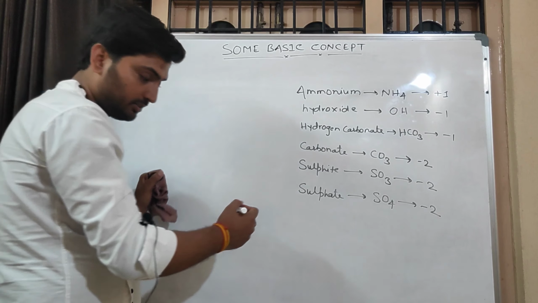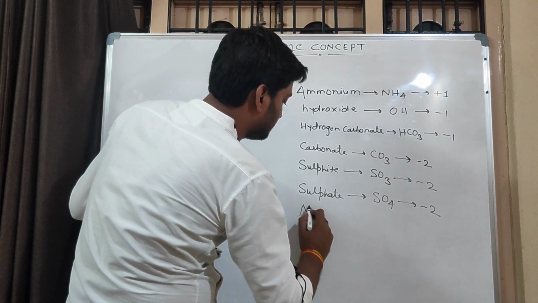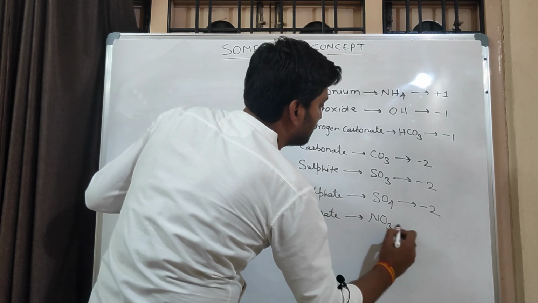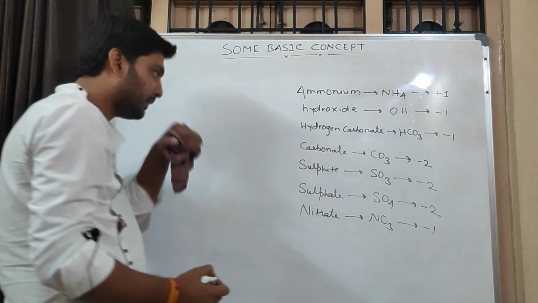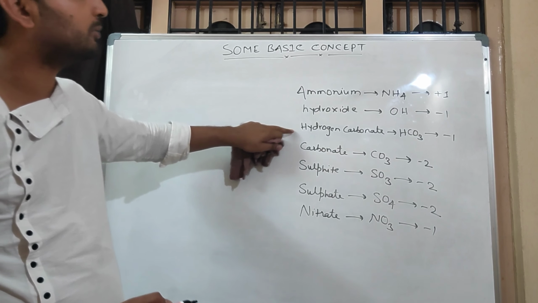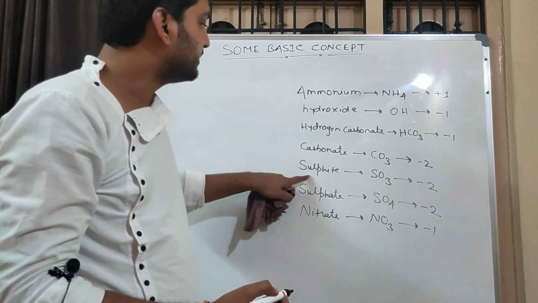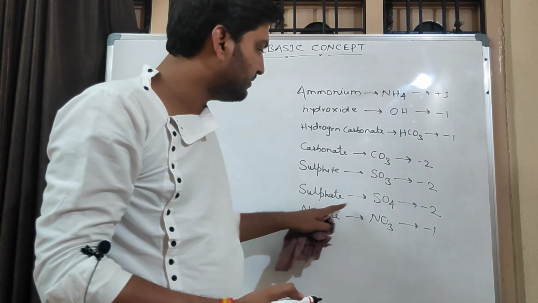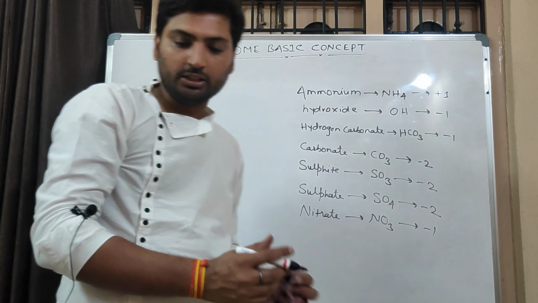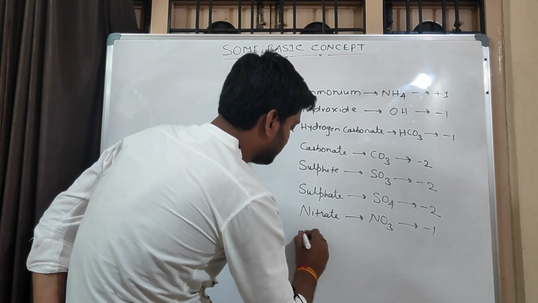Nitrate, NO3 -1. Okay. Ammonium NH4 +1, hydroxide OH -1, hydrogen carbonate HCO3 -1, carbonate CO3 -2, sulfite SO3 -2, sulfate SO4 -2, and nitrate NO3 -1. And the last one is phosphate PO4 -3.